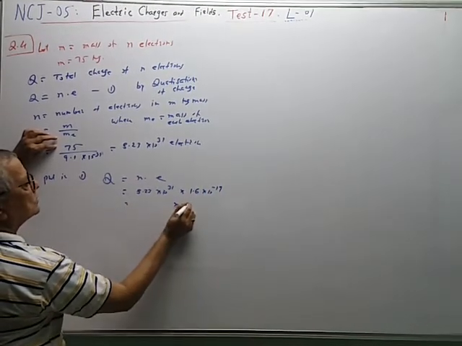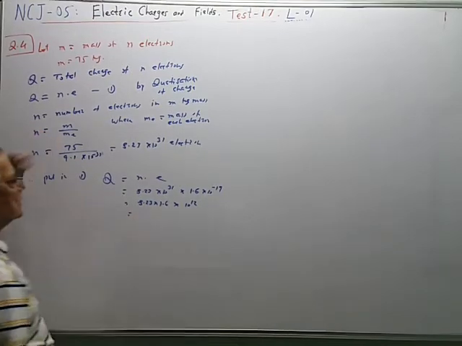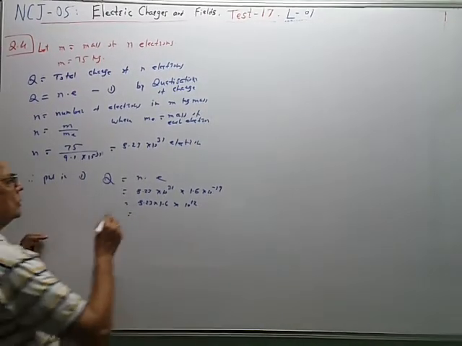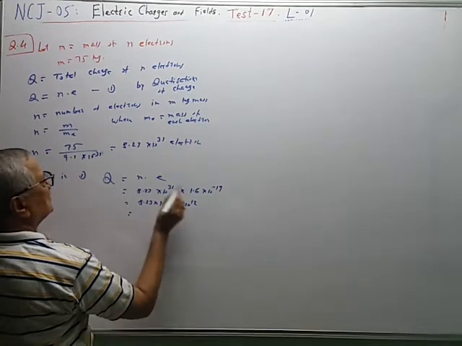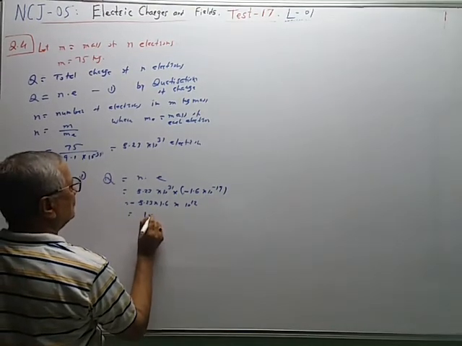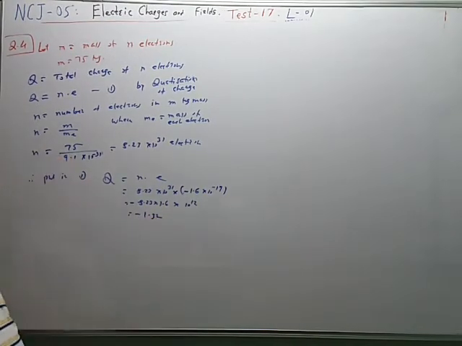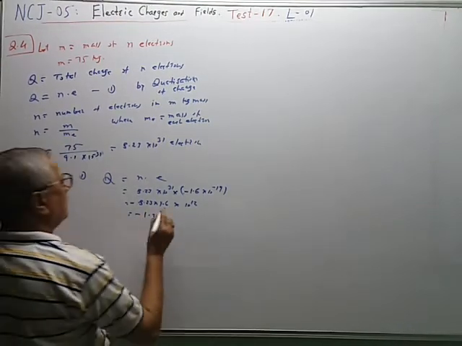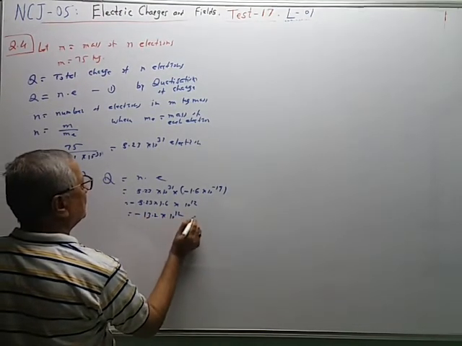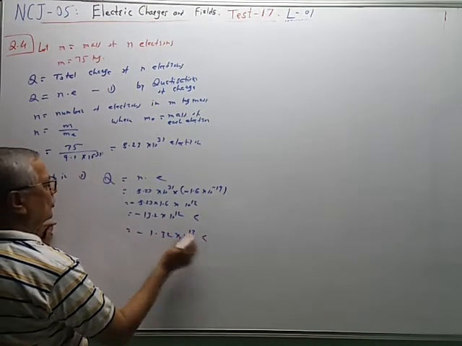So the product is nearly 13.2 into 10 to the 12 coulomb, or 1.32 into 10 to the 13 coulomb. The charge of the electron is negative, so this total charge is minus 1.32 into 10 to the 13 coulomb.